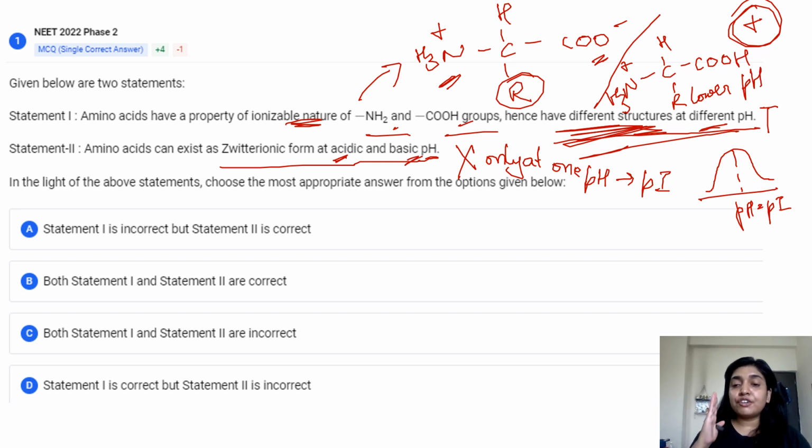The zwitterionic form of an amino acid is the form where both the plus charges as well as the minus charge are present. Alright, and the total charge of that particular protein is 0. It's a neutral protein. That is the zwitterionic form. Alright. So over here, statement 1 is correct, but statement 2 is incorrect. This is the correct option.